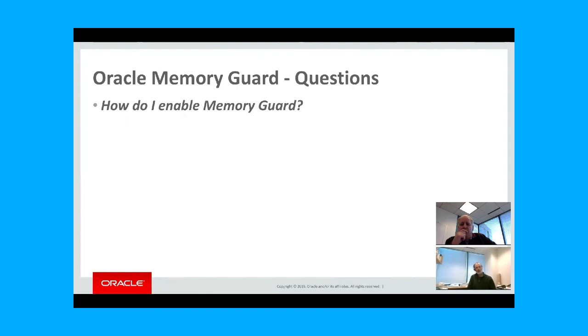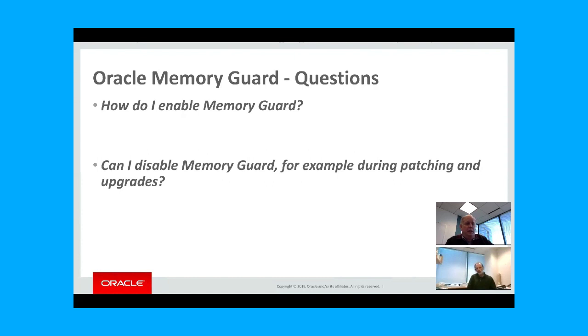So how do I enable Memory Guard on my cluster? Okay, so Memory Guard is enabled by default on regular cluster installations after, I want to say, 11.2.0.3, 11.2.0.4. It'll always be present and running. Okay, well, if that's the case, can I disable it?